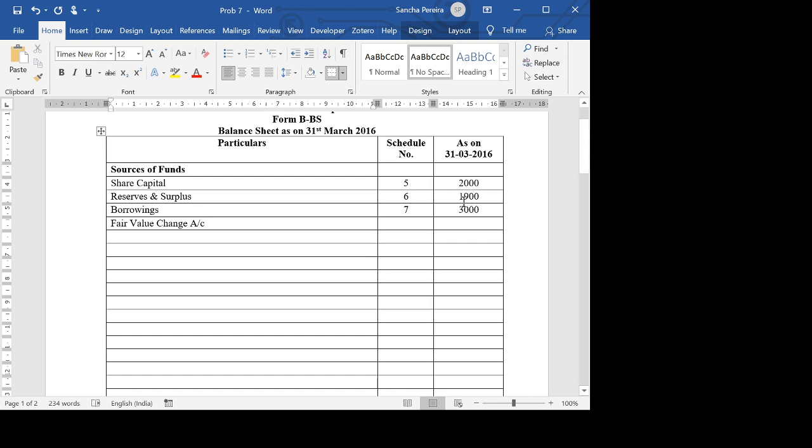These three, share capital, okay, fine. Forget about reserves and surplus and borrowings. Share capital, the simplest thing. This is the first item in your balance sheet on the liability side. Does share capital show a debit balance or a credit balance? Okay, forget about this.